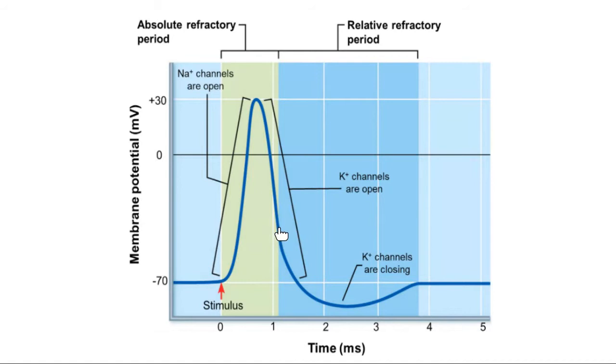Once my sodium channels get back to the right shape, I could hear a message, but it's going to be hard because I am extra negative compared to what I should be. The refractory period is when it's harder or impossible for a neuron to respond to another message. That's the big idea with the refractory period.